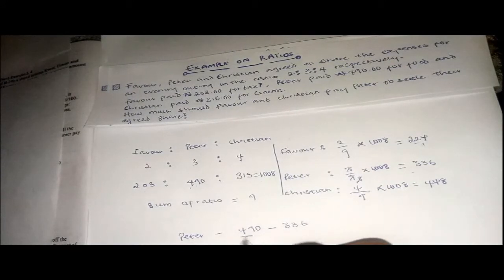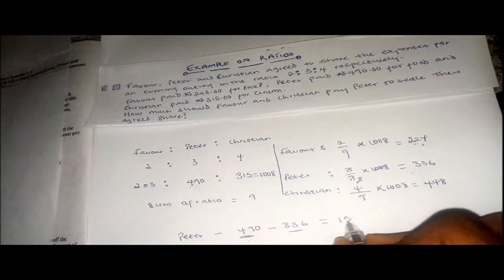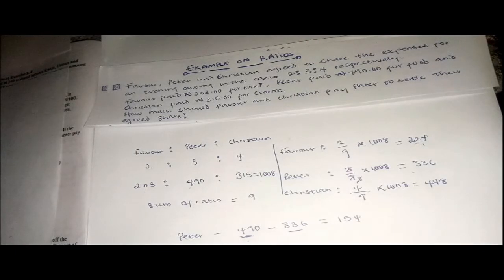So this is what he spent, and this is based on the ratio. So this will give us 154. So this amount that we just got is the amount that Peter is being owed based on the ratio, because from the ratio he is supposed to spend less than what he actually spent.